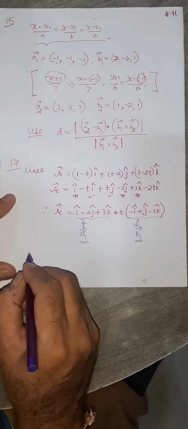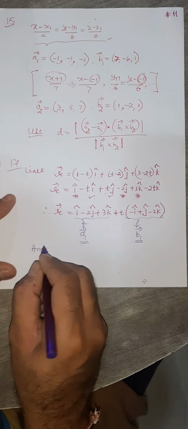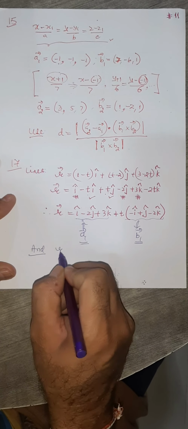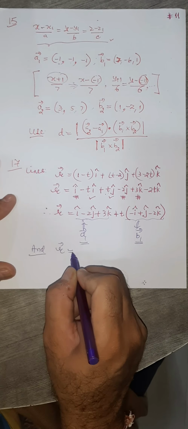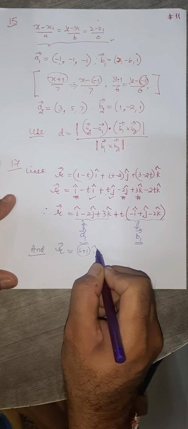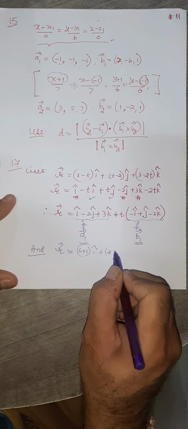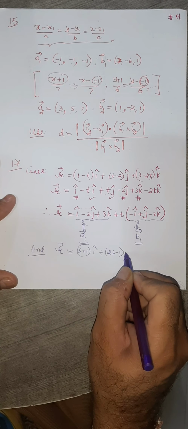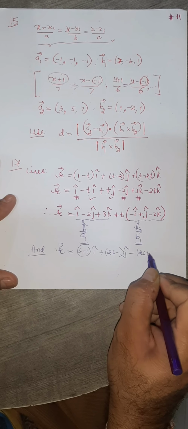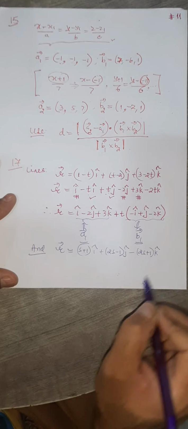Okay, and what about the other line, second line? Have a look there. So vector r equals to (s plus 1) i cap, (2s minus 1) j cap minus (2s plus 1) k cap.